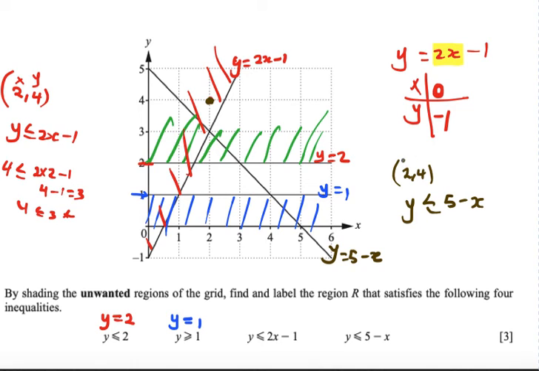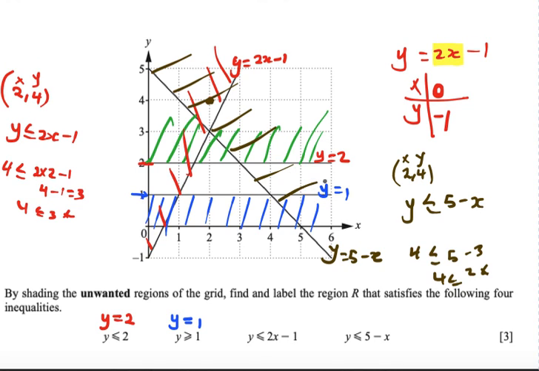The left is x and the right is y. Is 4 less than, let's check, 5 minus 2, which is 3? Actually, the working says 5 minus 3 is 2. You realize that 4 is not less than or equal to 2. So the side that we have picked, this pair, does not satisfy the inequality, so we shade it off just like that.